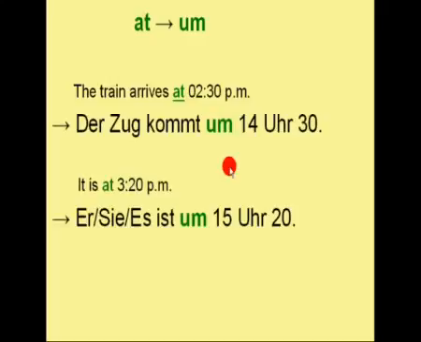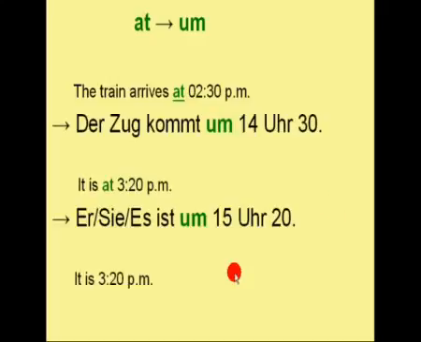If you would answer me referring to the beginning of the movie, you would also say it is at 3:20. And in German, you would have to say der Anfang des Films, der Filmanfang, ist um 15:20 Uhr. So depending on the gender the word has in German, you have to use either sie, es, and then ist um 15:20 Uhr to tell the time.